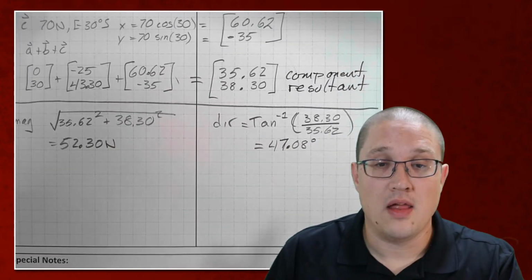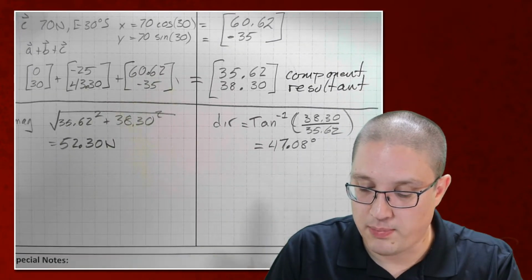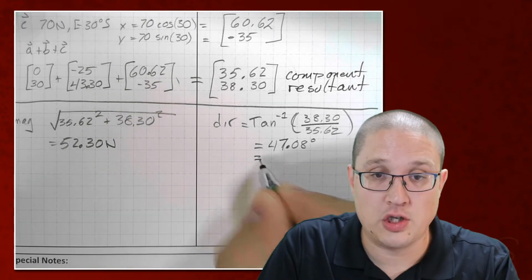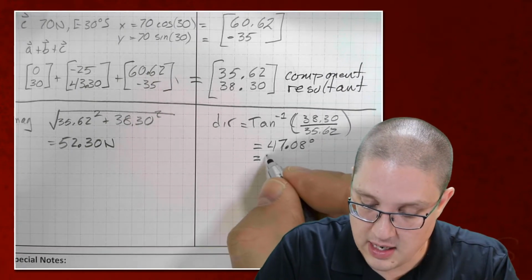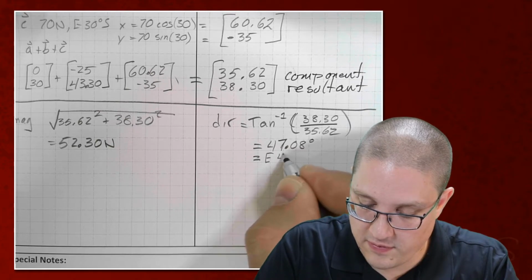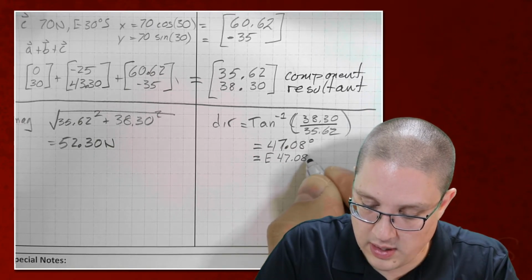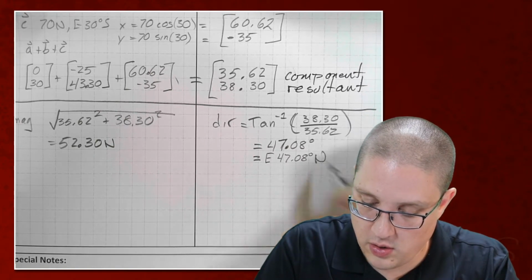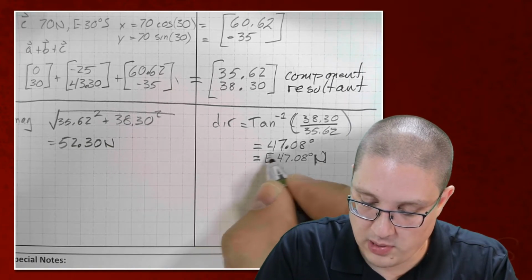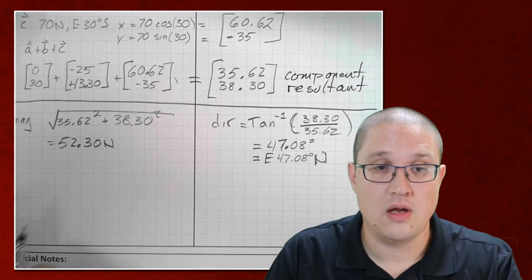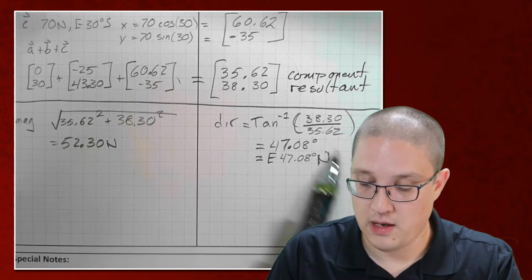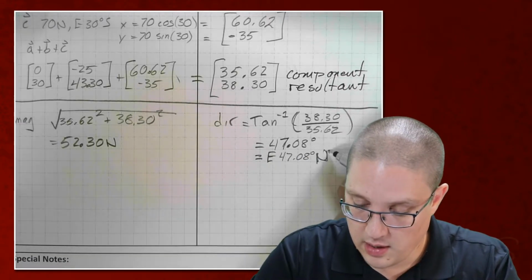Okay. Both of these are positive, so I can actually write this as east 47.08 degrees, north, because they are both positive. So here's my magnitude, here's my direction.